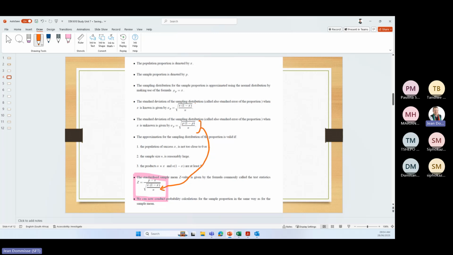So we've got the standard error when we look at the sample distribution, and we know what the proportion is.